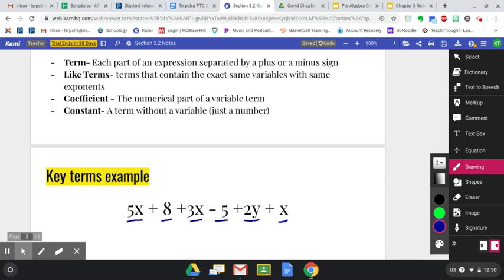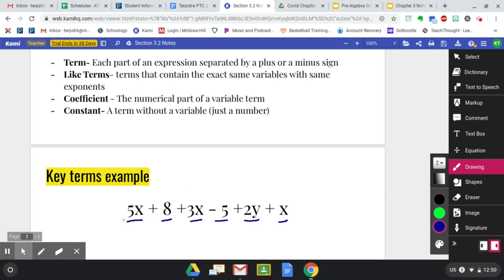You'll see as we get going, we'll combine them and there won't be as many terms, but each term is separated by a plus or a minus sign. Now, getting into like terms: they contain the exact same variables with the exact same exponents. We won't really focus on the exponent part right now. That'll come later in pre-algebra, but we're looking for terms that have the exact same variable.